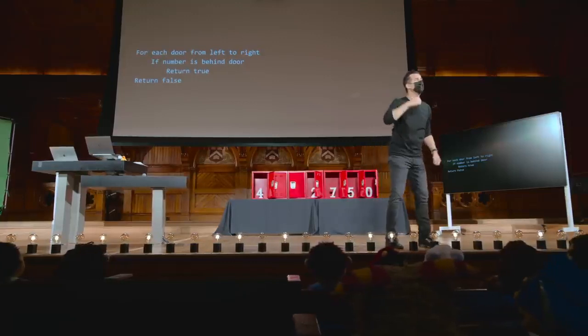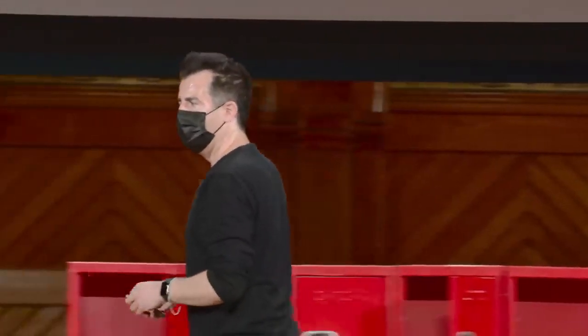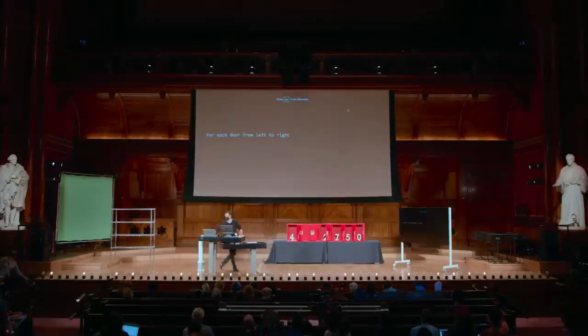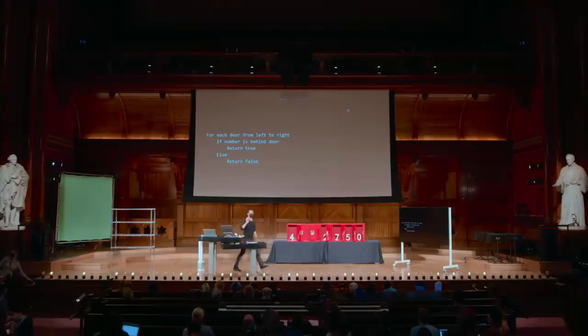Way in back? OK, I'm not sure it's because of redundancy. Let me go ahead and just make this explicit. If I had instead done else, return false, I don't think it's so much redundancy that I'd be worried about. Let me bounce somewhere else. Yeah, in front.